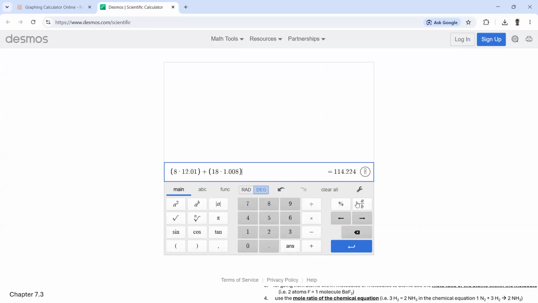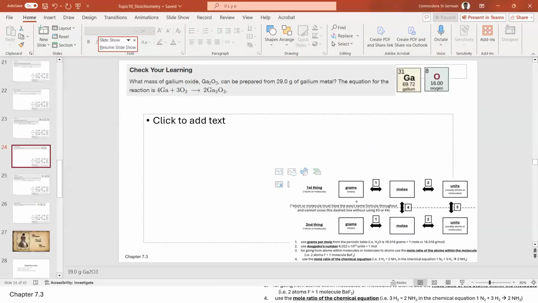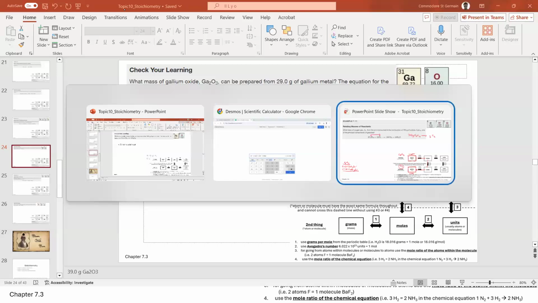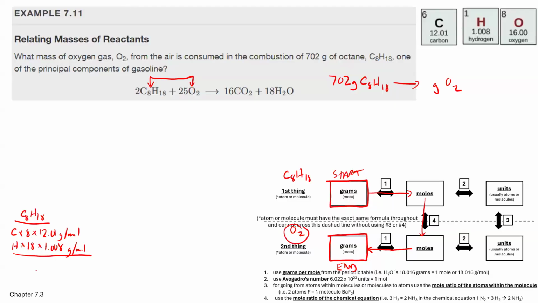We have 114.224 grams per mole. Let's do the oxygen. O2 is just oxygen times 2 times 16 grams per mole. That's going to be 32 grams per mole.